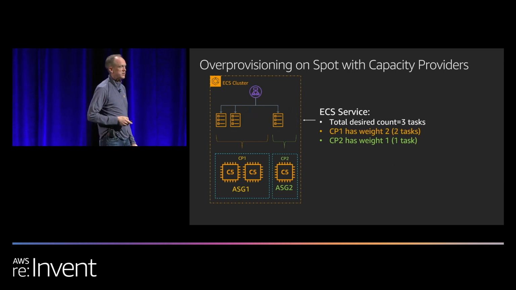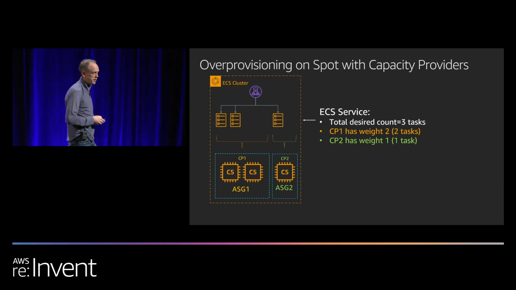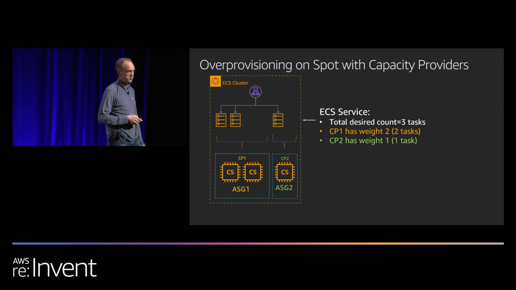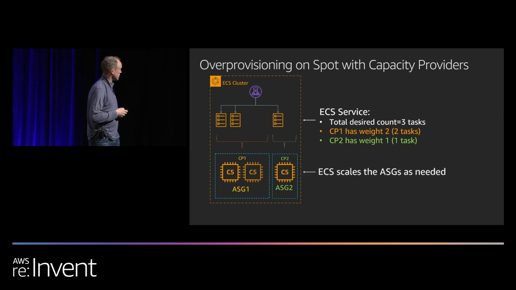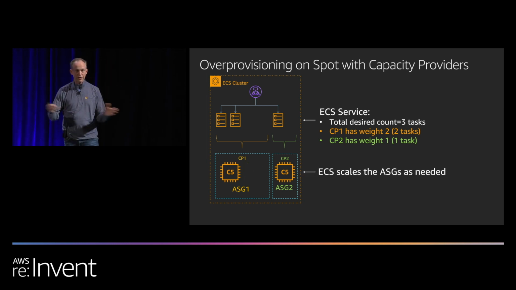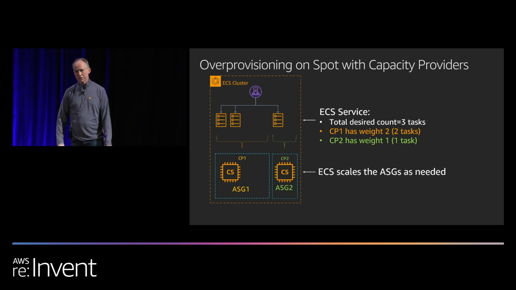And then if I change that desired count, the ECS service scheduler will respect the weights and will make sure that the counts change appropriately on each capacity provider. And the cluster autoscaler, which is really an ASG autoscaler, will make sure that the instances scale in and out as needed on the different ASGs to meet that demand.